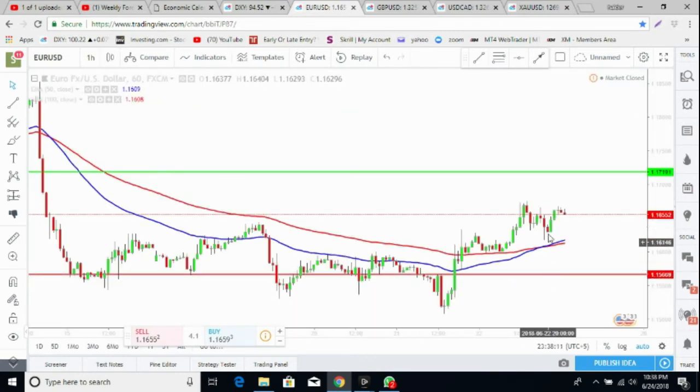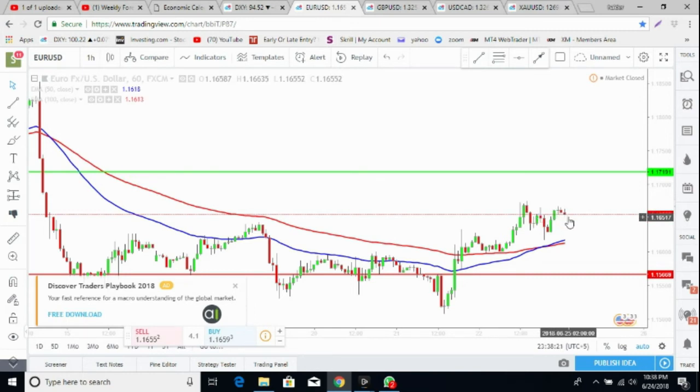Let's see how it looks on the hourly time frame. Here it is. For the last 3 hours before the weekend it was coming down, but overall it's just a small correction, and it's heading upward. Unless and until it's above the 1500 moving average, I am long on Euro USD. So the target looks quite easy.